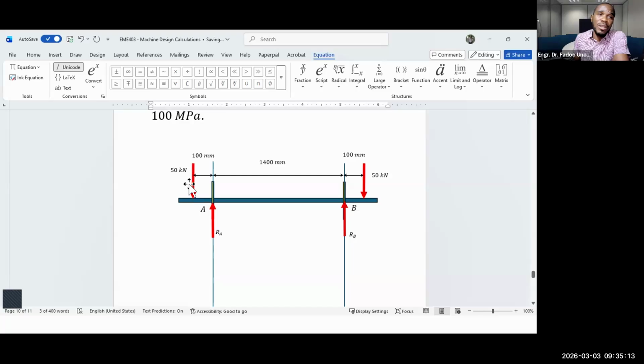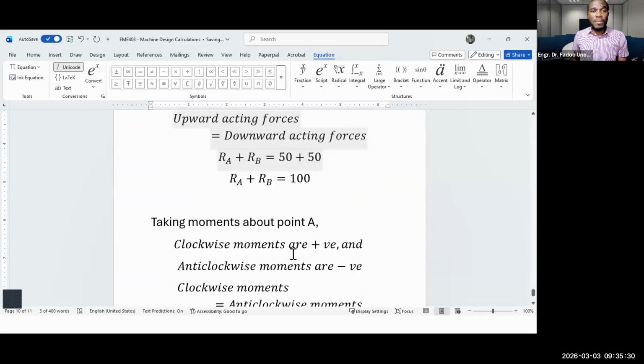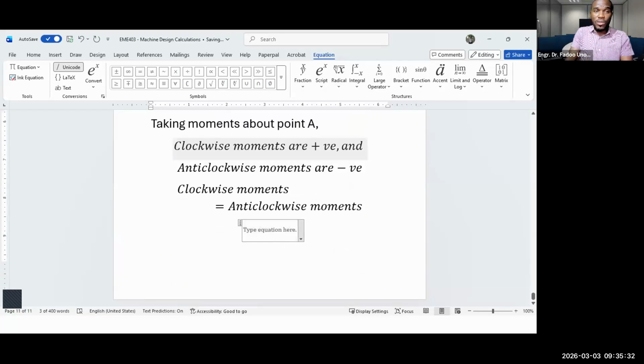The second hand of your watch or clock moves like this, okay? So since this is going this way, it is an anti-clockwise moment, and so it's going to carry a negative sign. So as I'm starting with that first, it's going to be minus 50 times 100.